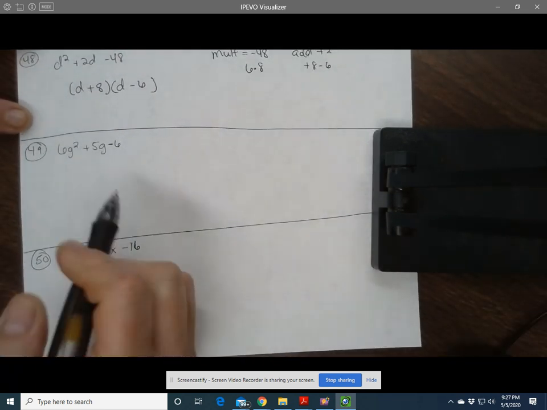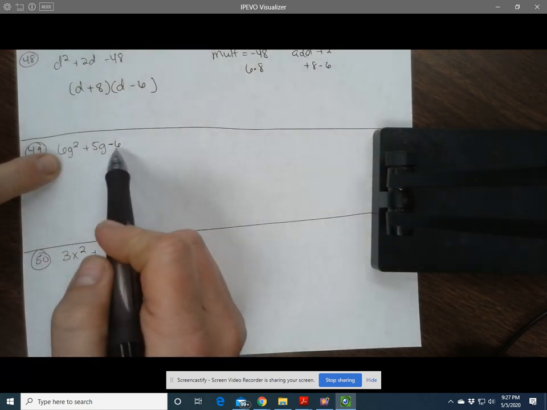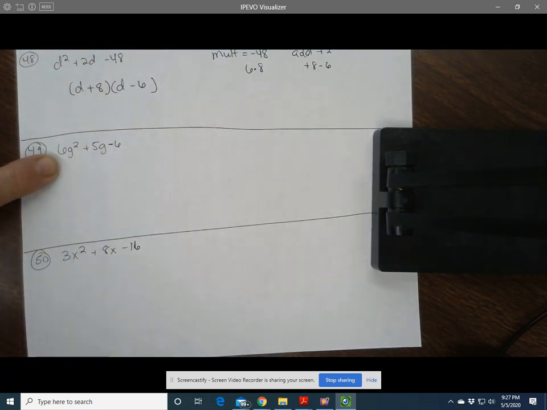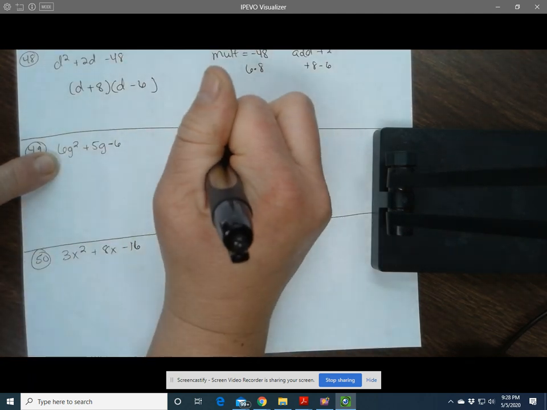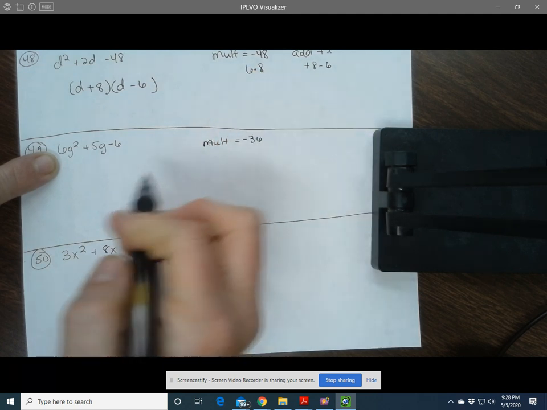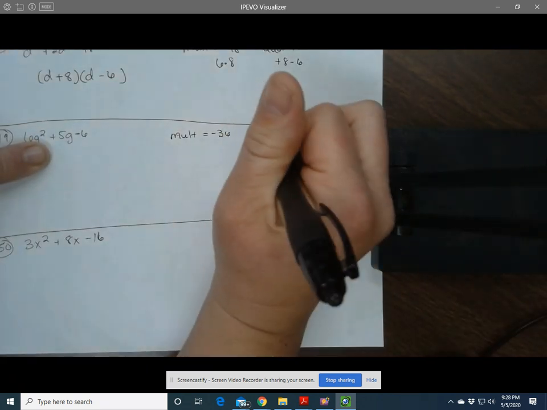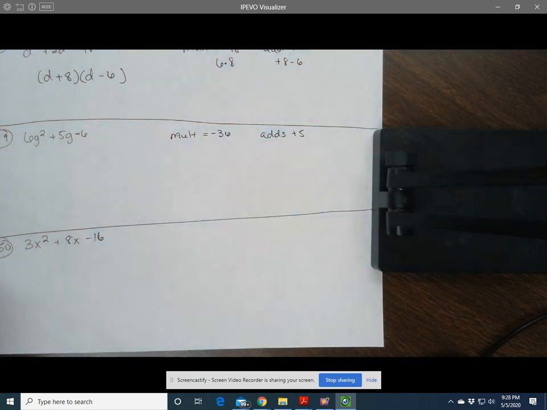Now 49, and I may not have time in this video to get to 50, but this is the one where if you have a number in front, you have to multiply these two numbers to figure out what multiplies to be a negative 36, but adds to be a positive 5.